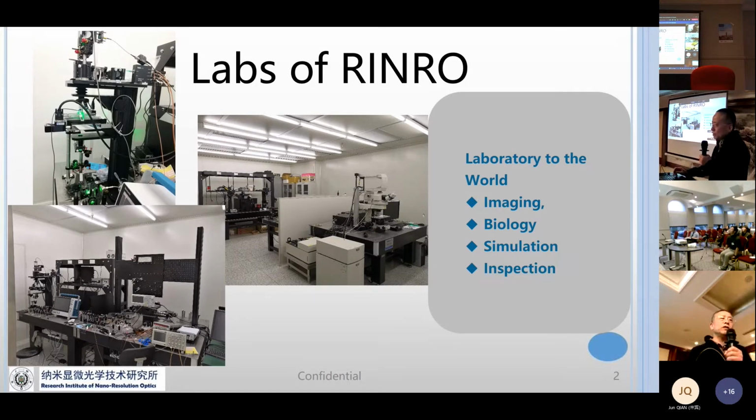So today I'm just pointing out that this is the equipment we are working on. The core work for us is working on equipment, and the purpose of the equipment is taking super resolution images.